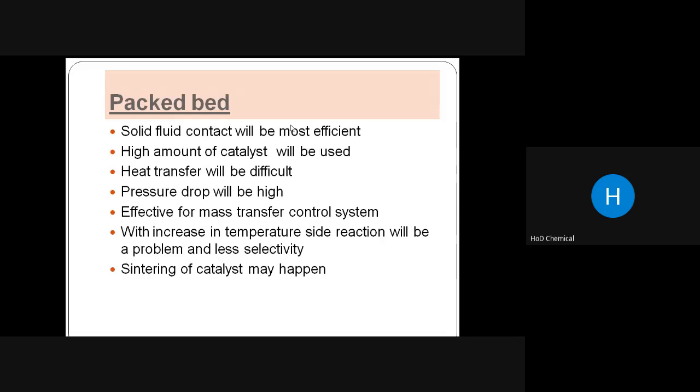There are several types of reactors in heterogeneous systems: packed bed, fluid bed. In packed bed, normally the contacting phases are solid and fluid. Through packing we use a high amount of packing materials.